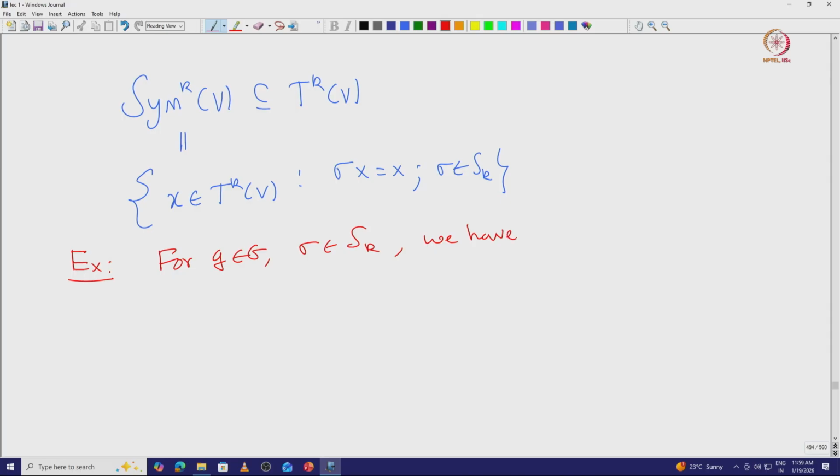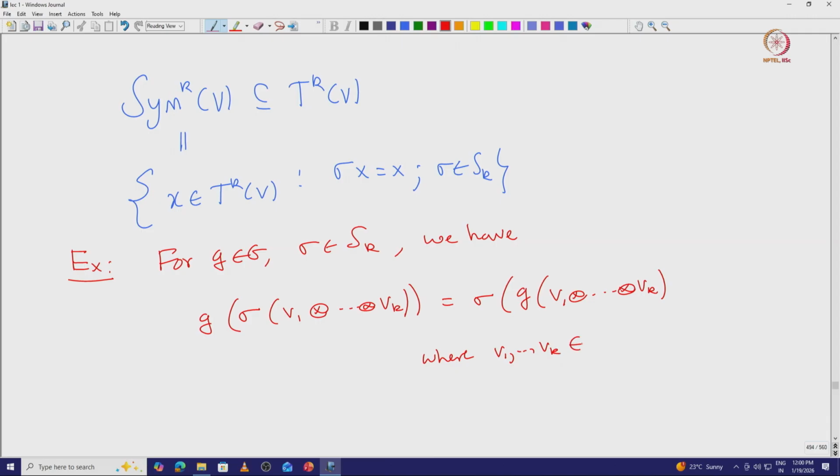You apply first sigma on the simple tensors v_1 tensor etc. tensor v_k, and then apply g on that, and this is the same as applying first g and then sigma on v_1 tensor etc. tensor v_k, for all v_1 etc. v_k from this capital V. This is the meaning of the action of G commuting with the action of S_k on T^k(V).